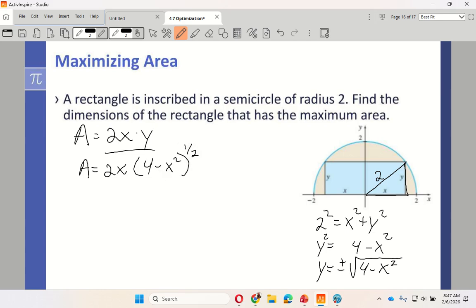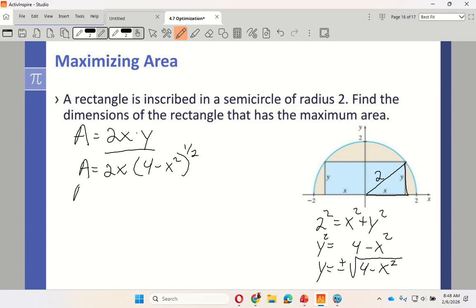So, setting it up because I know I'm going to have to do some optimization here, so I'm going to have to take a derivative. So let's go ahead and take my derivative from here. What rule am I using? Product.